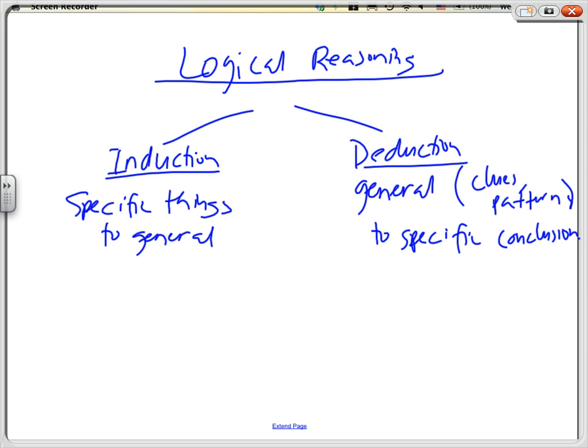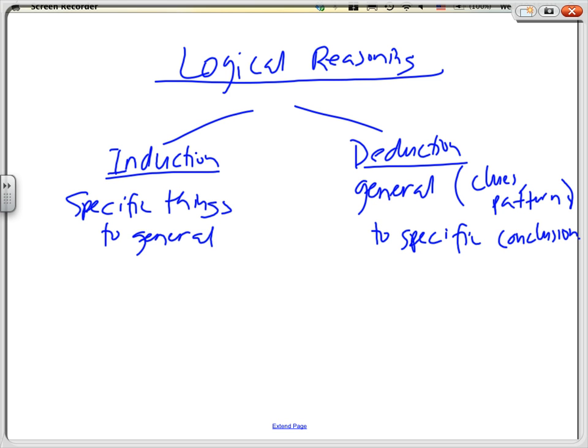Vice versa, if we talk about deduction, which we'll be learning today in class, let's do a real life example. You go home one day, all right? You find that the windows of your house are broken. You see stuff, like clothing articles, out in your lawn. Your door is busted open. You see that your place is all a mess in there. What's the first thing that comes to your mind?